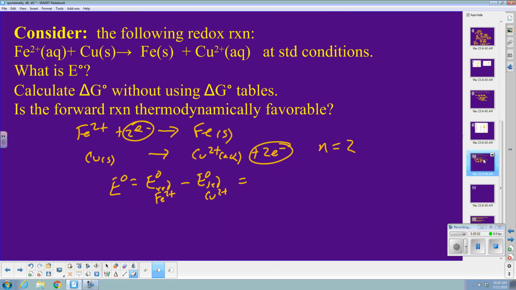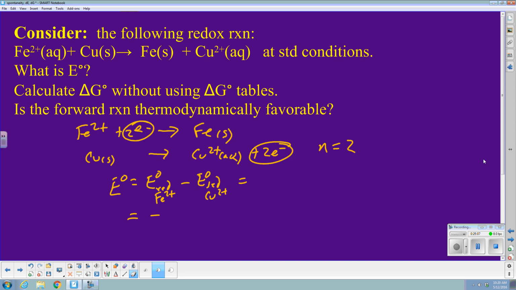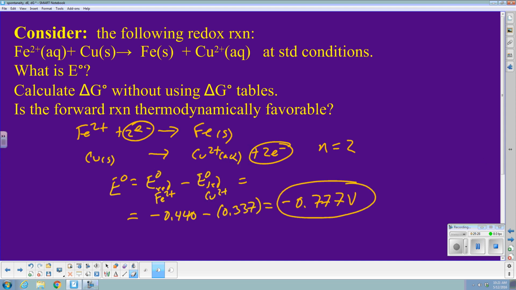Let's run our numbers. Here we go. I have a negative 0.440 for my iron minus a 0.337, and that gives me a negative 0.777 volts. That is my E prime.